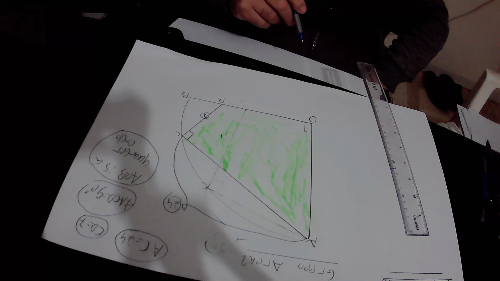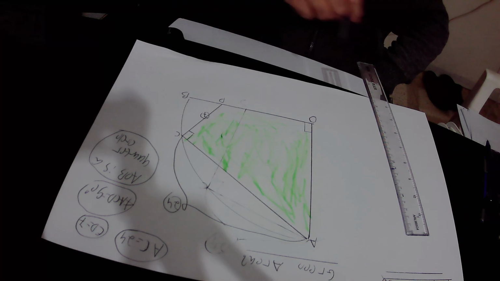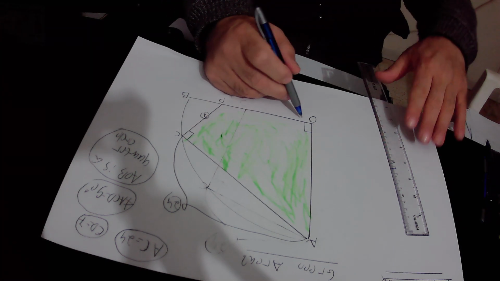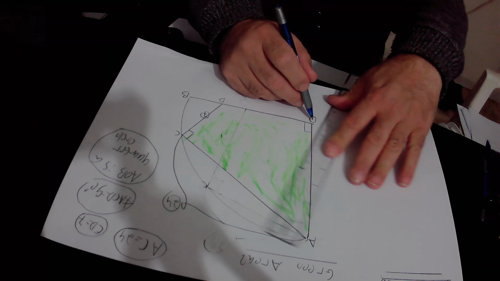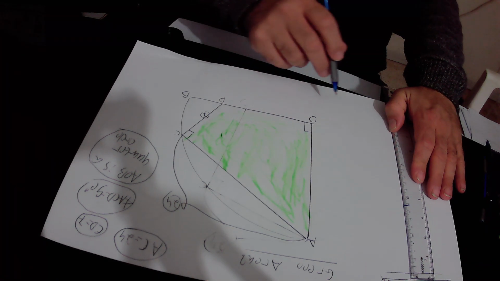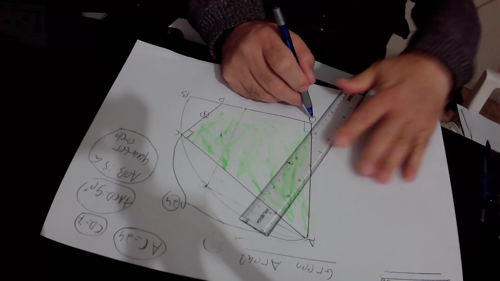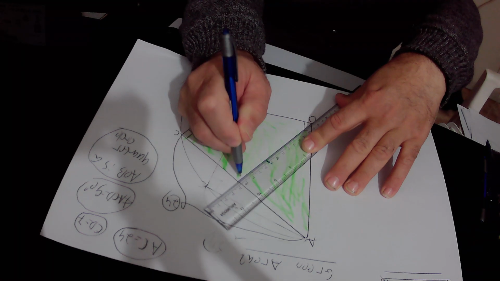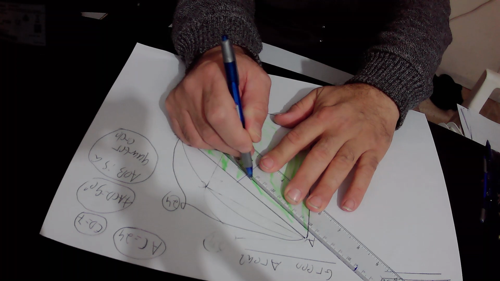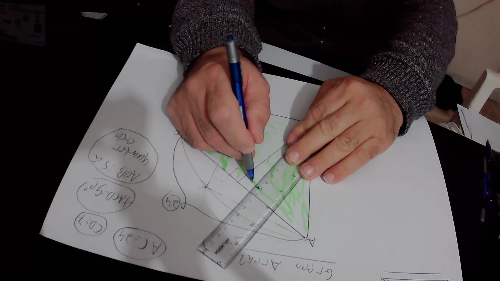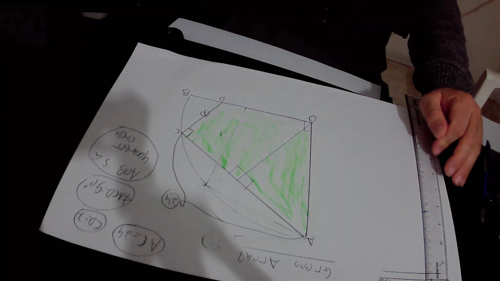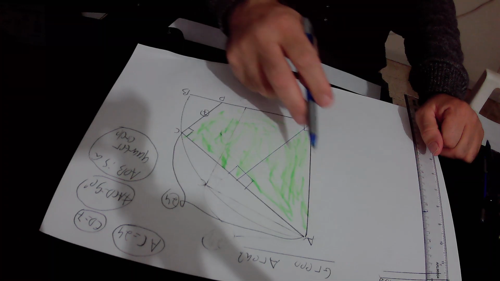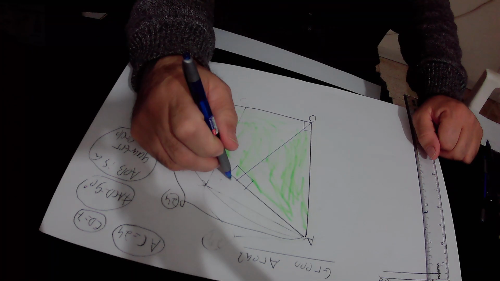Okay, so from point O, that is the center of the circle, we go perpendicular on chord AC. So this angle equals 90 degrees, and this angle also equals 90 degrees according to our construction. We define the touching point of the perpendicular from point O and AC as P.